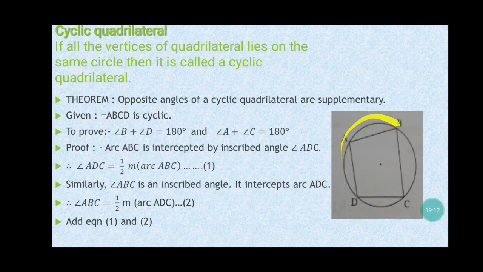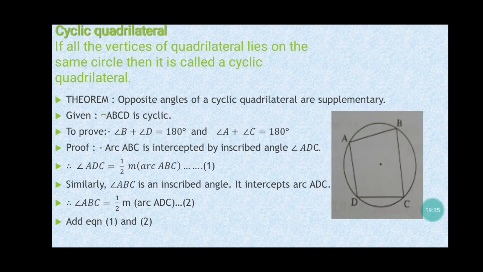Now what are ABC and ADC giving me? The whole circle, and the measure of the whole circle is 360 degrees. So the measure of angle ADC plus the measure of angle ABC is equal to half into 360. Half into 360 gives me 180.